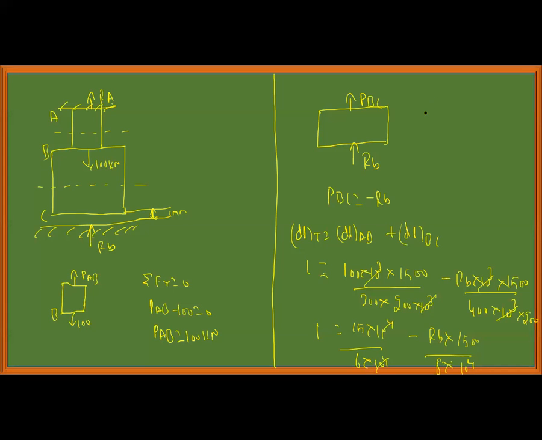Check it properly: 100 into 10 power 3, 1500; nothing we have done wrong. We have to get RB as minus 34.28 kilonewton. RB minus 34.28. Check it out.